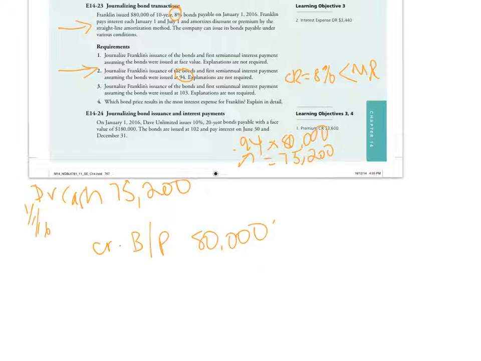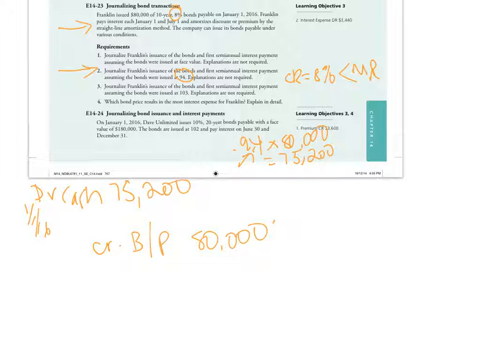So basically this 94 is simply to adjust for the interest that the investor will be earning. And there's some mechanics that involve the present value calculation that we're going to be learning in a different section of this chapter.